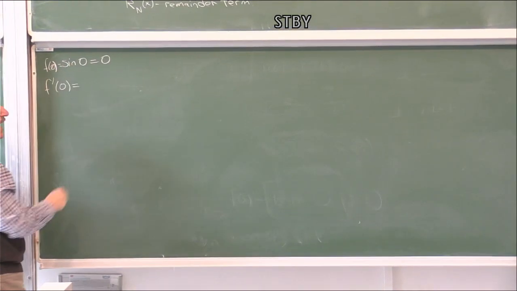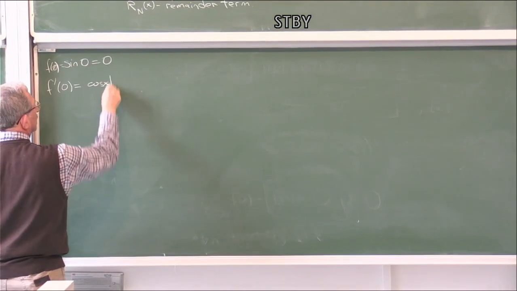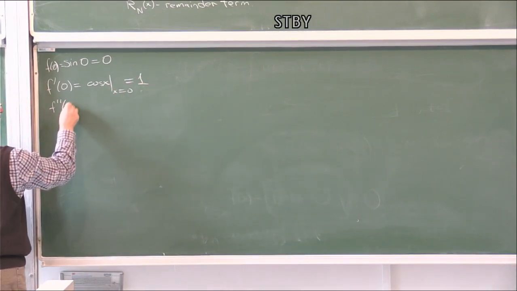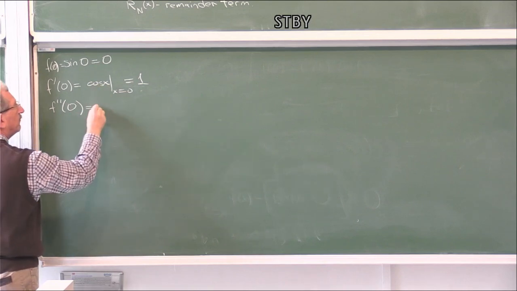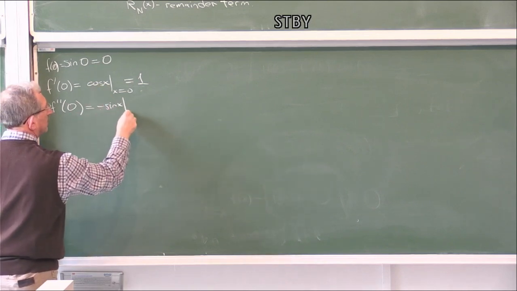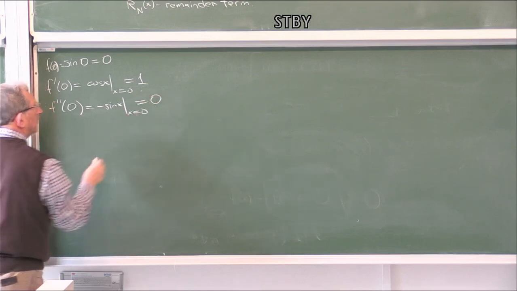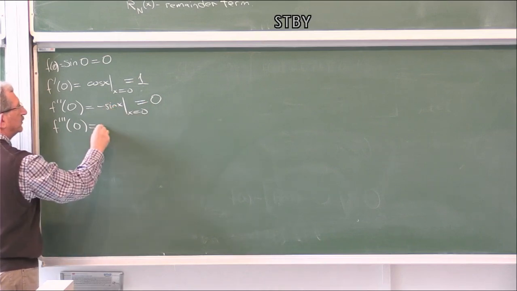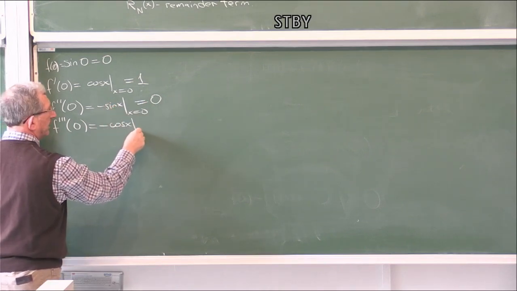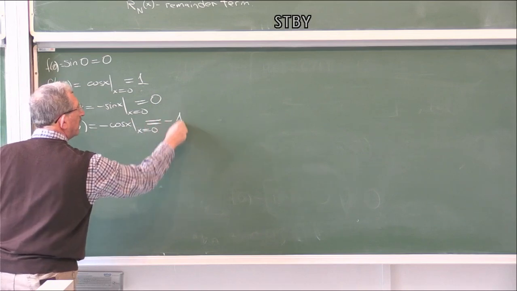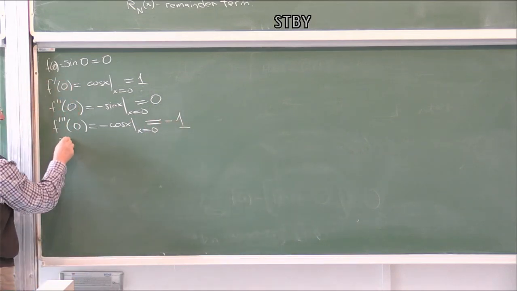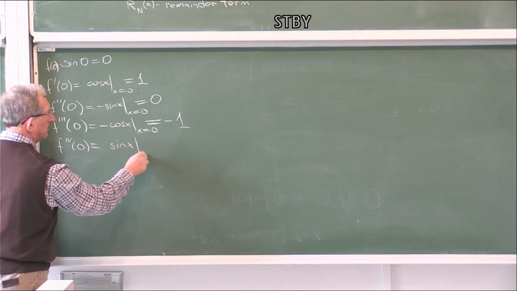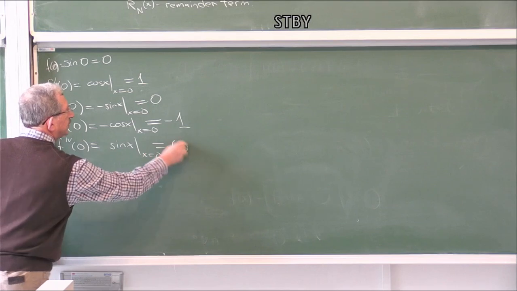It's the derivative of sine x, but x is 0, so it is 1. The second derivative at 0 is the derivative of cosine x when x is 0, so it is 0. The third derivative is the derivative of this, which is minus cosine x at x equal to 0, so it is minus 1. And the fourth derivative at 0 is sine x again, so it is 0 again.